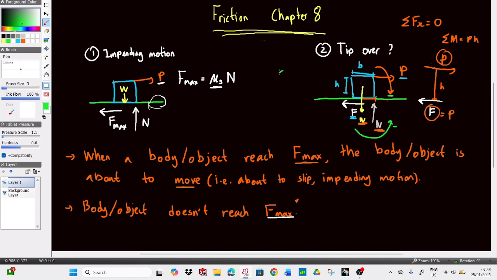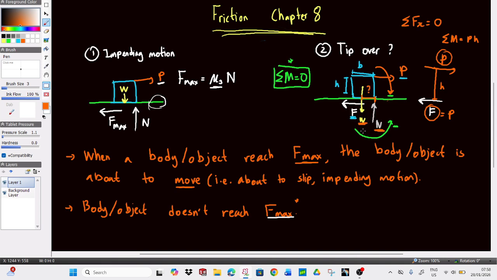So your summation of moment will remain 0, because you don't want the box to rotate. But for a counterclockwise couple moment to happen, there has to be a distance between your W and N.